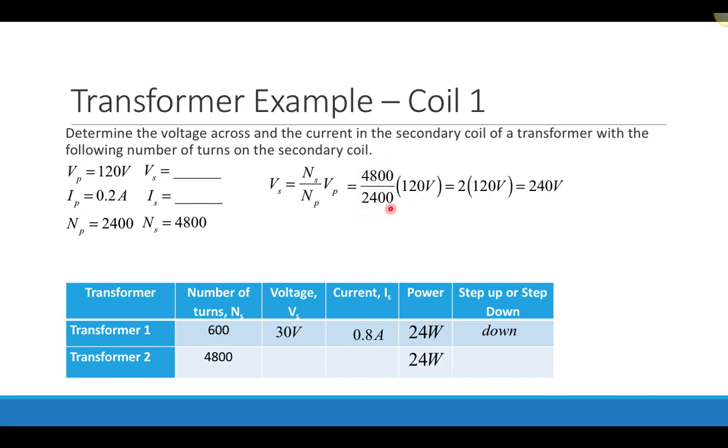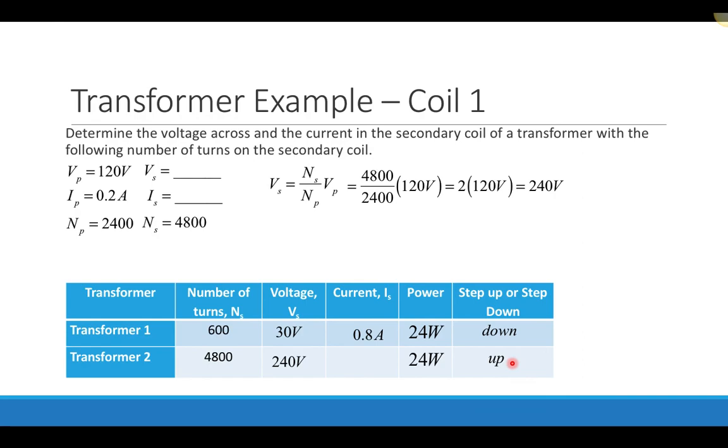When I take this ratio of the number of turns, I realize that that's 2. So that means that the voltage increases to double what it was in the primary. So 240 volts. So we now know that this is a step-up transformer because the voltage was 120 and now it's 240, so the voltage stepped up, increased by a factor of 2.